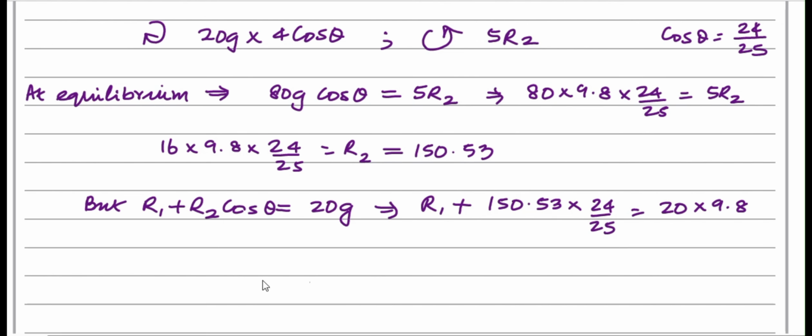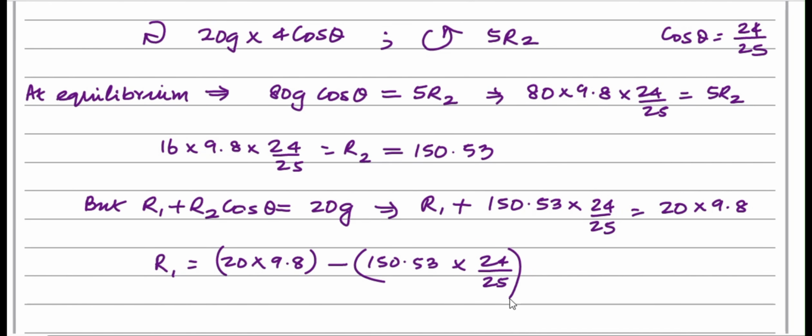From this we can solve for R1. So R1 is equal to 20 times 9.8, take away 150.53 times 24 over 25. Putting that into the calculator, we get 51.49 newtons.